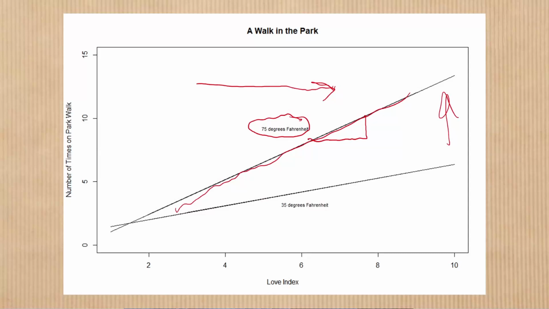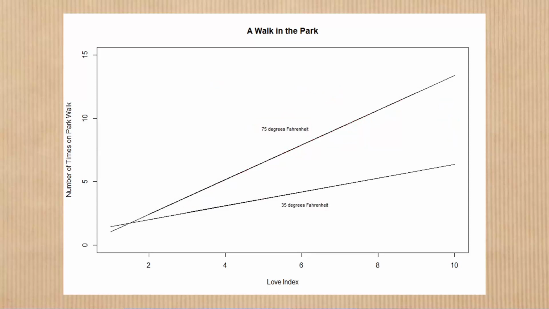And this slope would tell us how many times increase there is in walking in the park on average for every unit increase in the love index. So we would see how much of a gain we have in times walking in the park for a gain in love index. And that steepness of the line I see here for 75 degrees is in fact greater than it is down here for 35 degrees Fahrenheit.